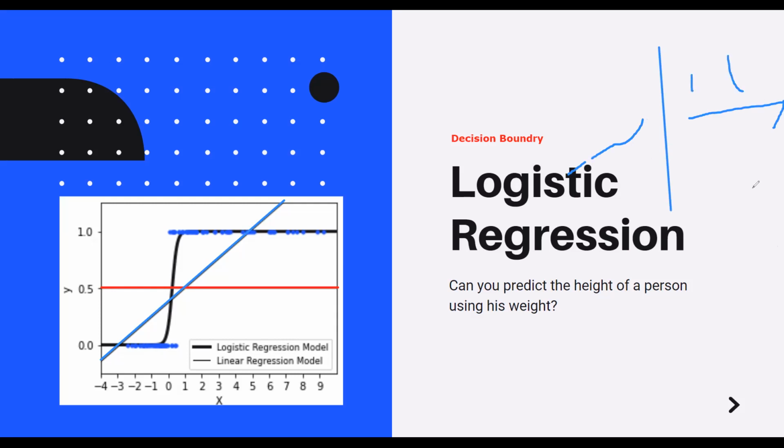This is in higher dimensionality. This one is the decision boundary.